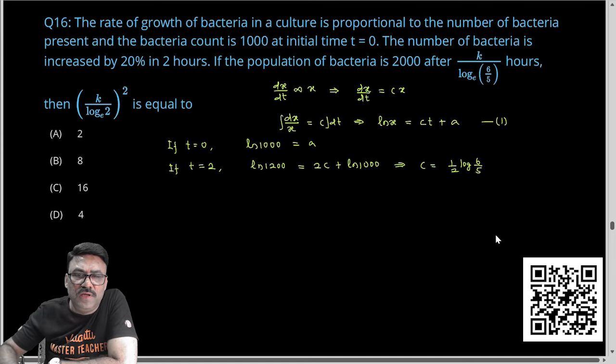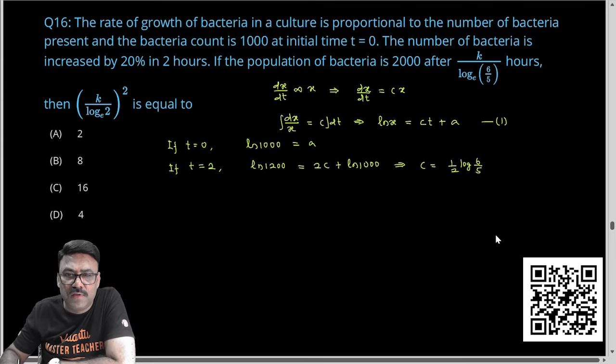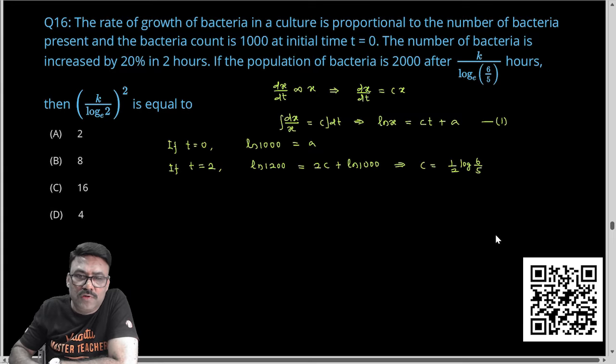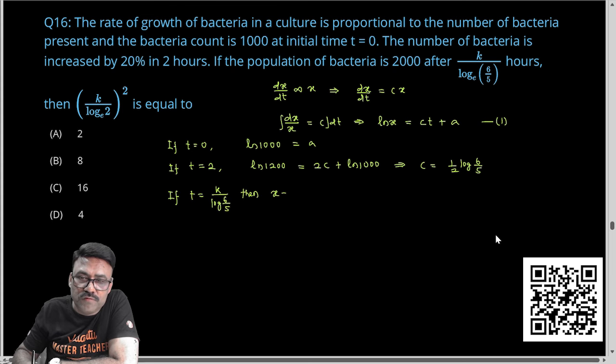Now they are saying that if I take the time as k by log 6 over 5, the number of bacteria will be 2000. So if t is equal to k over log 6 by 5, then x is 2000.